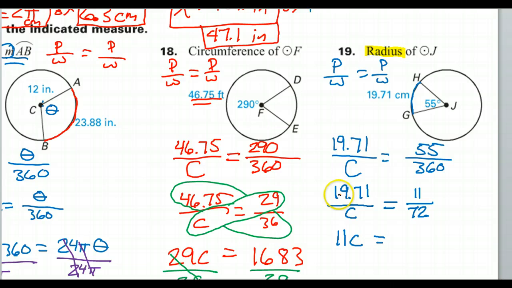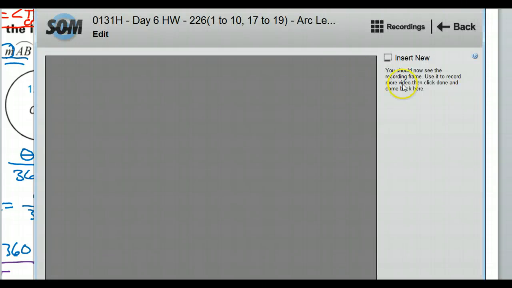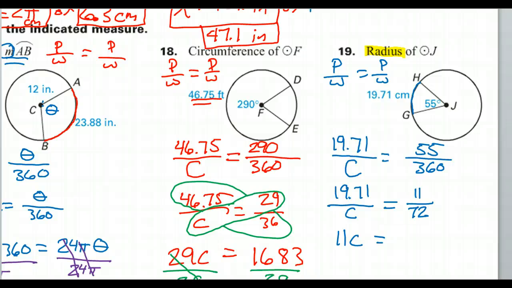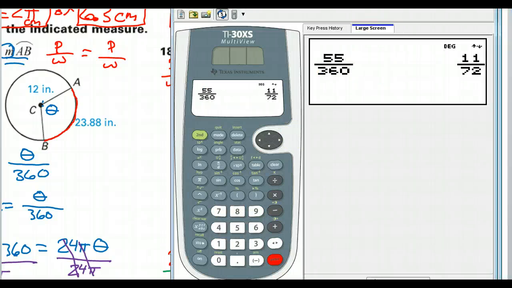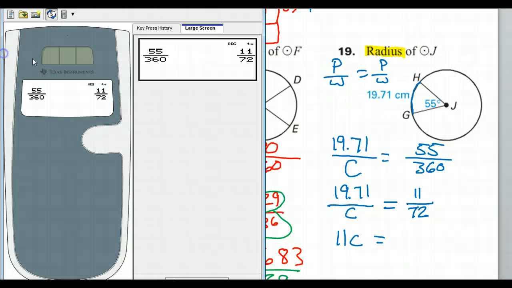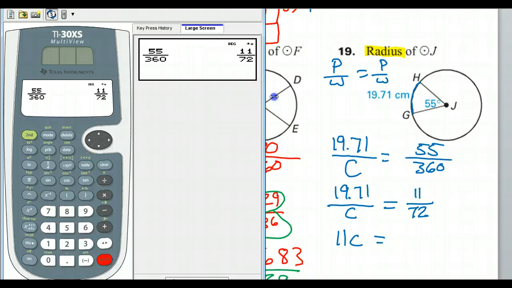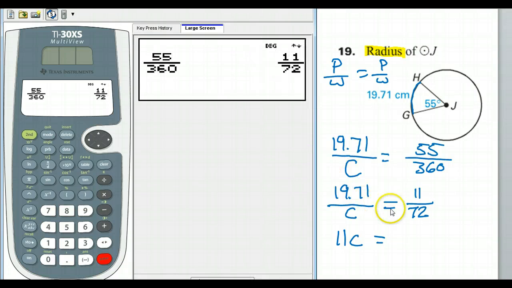Now, 72 times 19.71. Let's see if that makes a nice number that we can work with. Oh, whoops, wrong thing. I meant to do this. Okay, so let's see. 72 times 19.71. Let's see what we get.